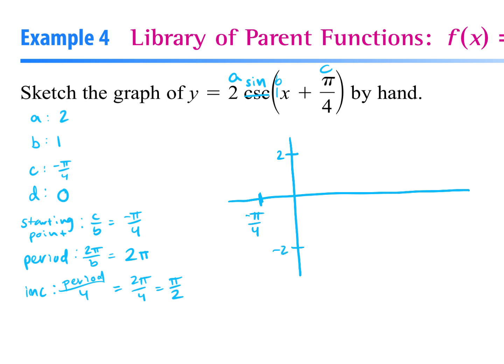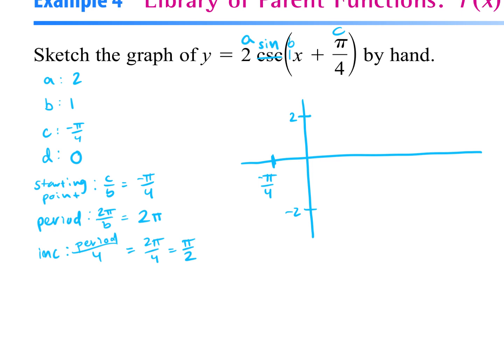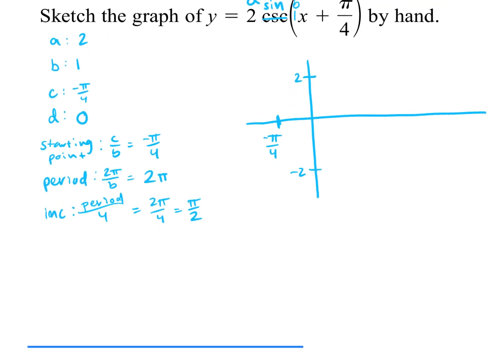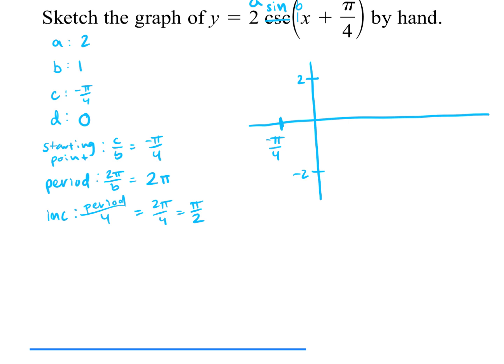And now I need my increments. I have my starting point. How do I find the next increment? Add the increment to the starting point. So negative pi over 4 plus pi over 2. I need a common denominator, so I'm going to make this 2 pi over 4.